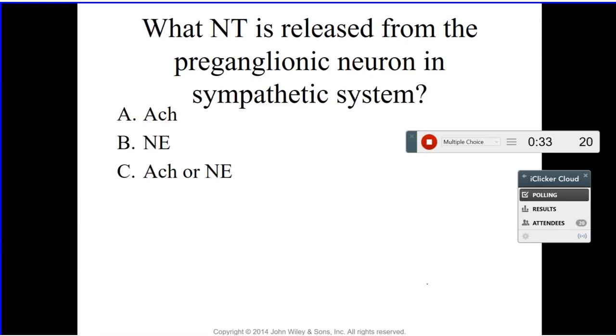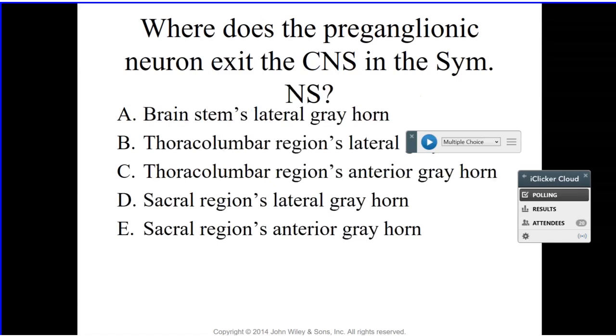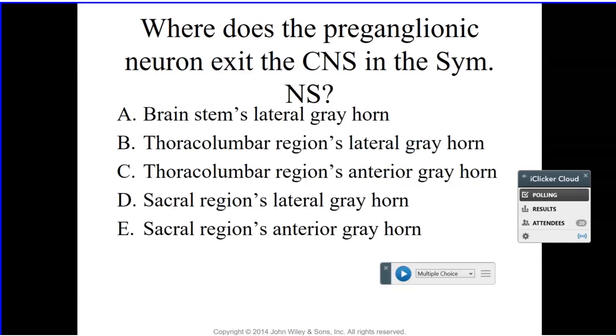I'm about to stop it. Okay. What neurotransmitter, doesn't matter what system we talk about, is released from preganglionic? Always ACH, okay? Oh, we went over this last week, way early last week. See if y'all remember this.